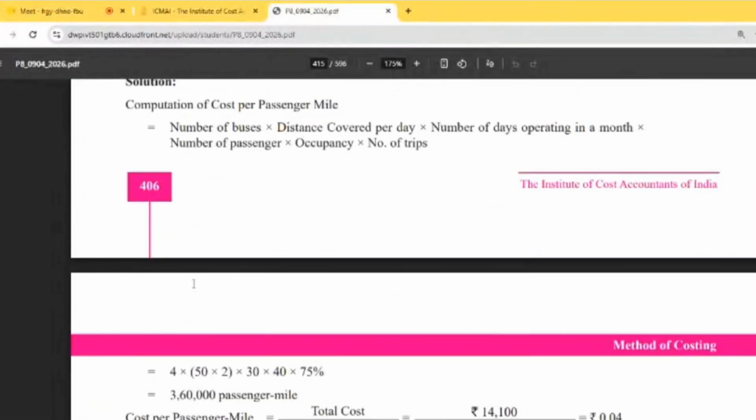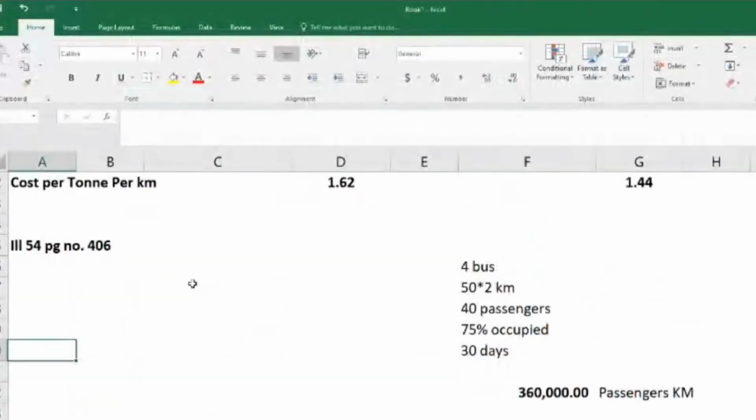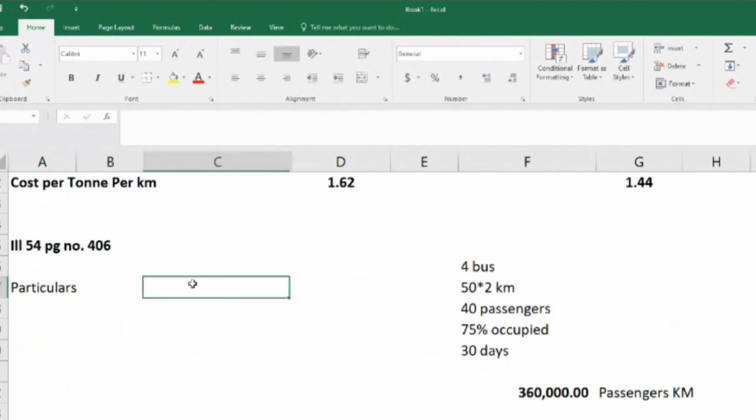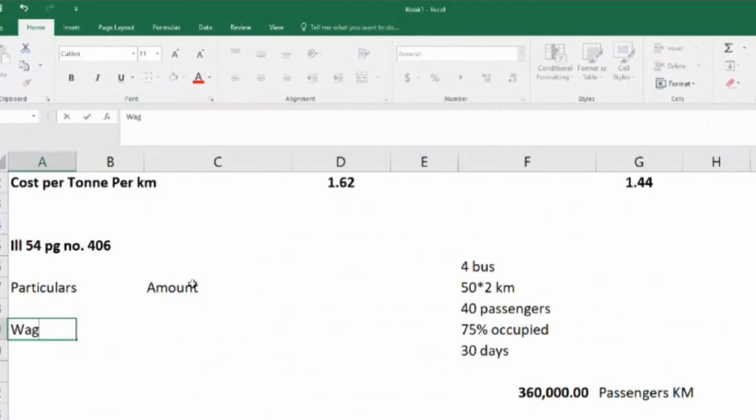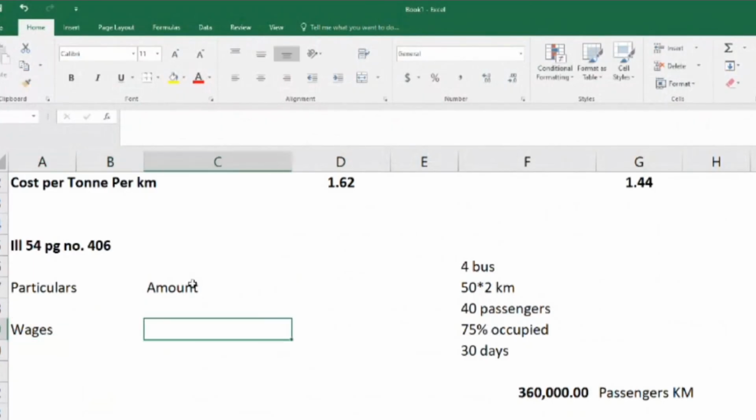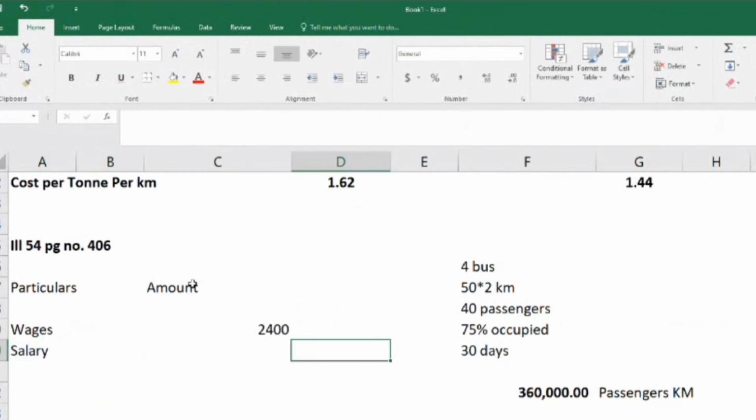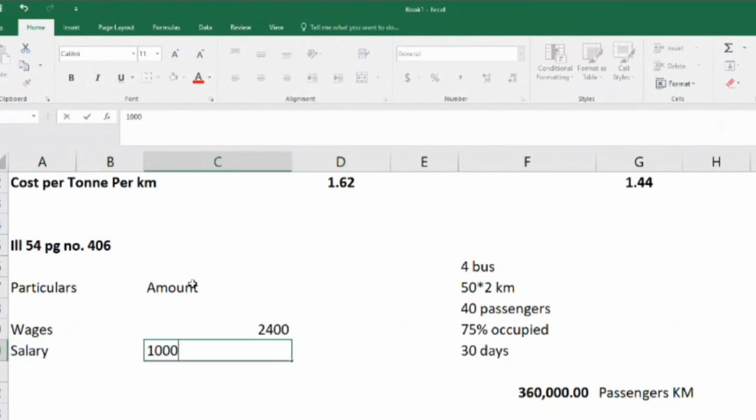So whatever the costs they have given, we will just write down: particulars, amount. Wages is 2,400. Salary is 1,000.